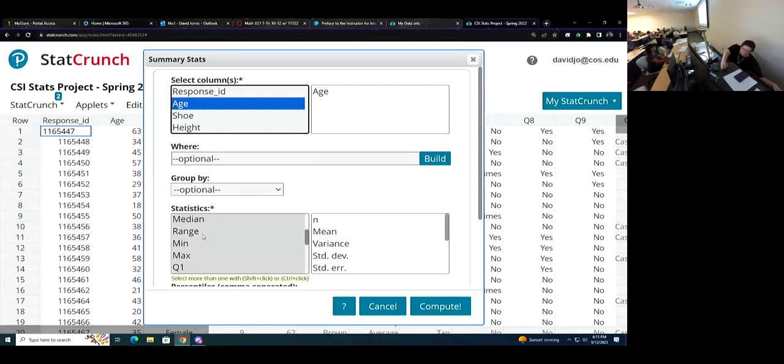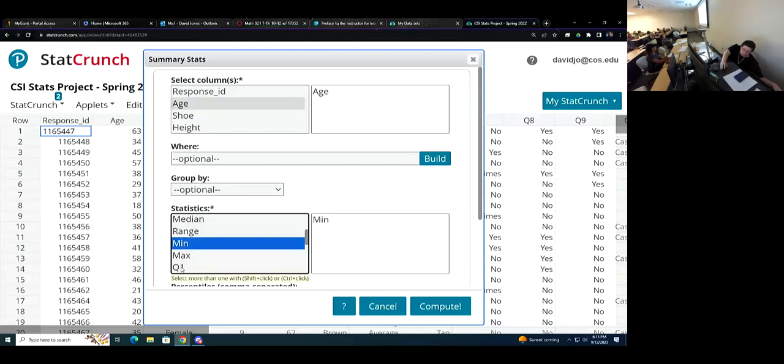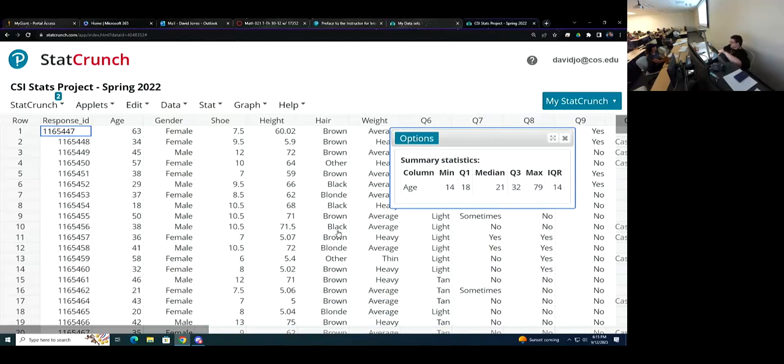I want to start with the min, add Q1, the median, Q3, max, and IQR. I'm going to write these numbers down, and we'll work with them to calculate the fences.